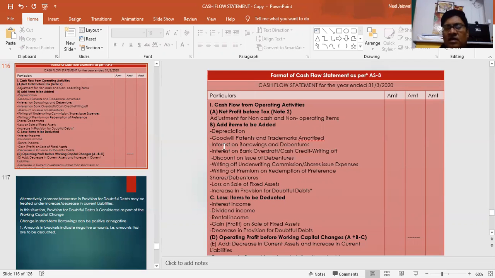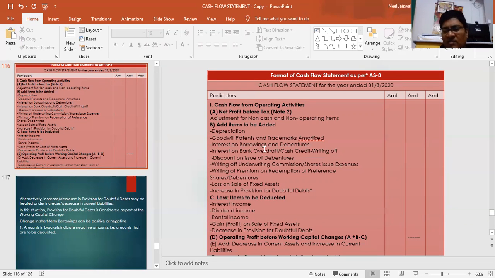Interest on borrowings, interest on bank overdraft, all these are financial expenses. So they will be subtracted from financing activities, not from operating activities. These are not operating items. That's why we are adding back. So see, the heading is given non-operating items.